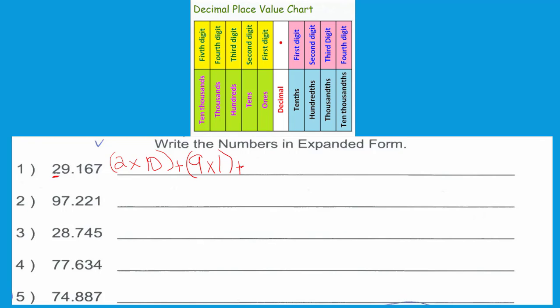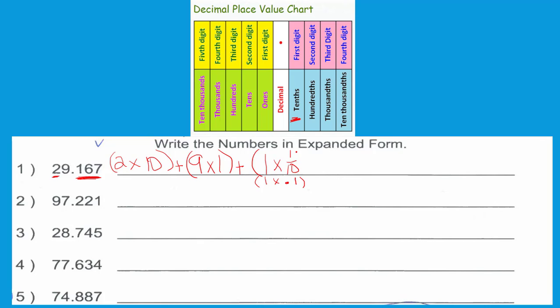plus, now we are doing behind the decimal, and these are not wholes. So we can write those as the 1 is sitting in the tenths spot. So we'd write that as a tenth, or we could even write that as a decimal, tenth.